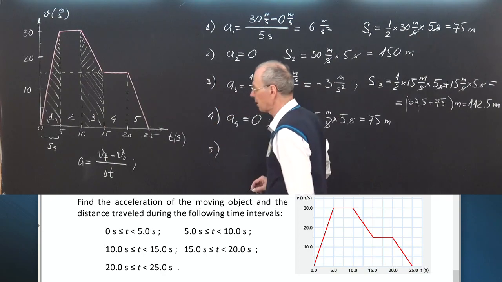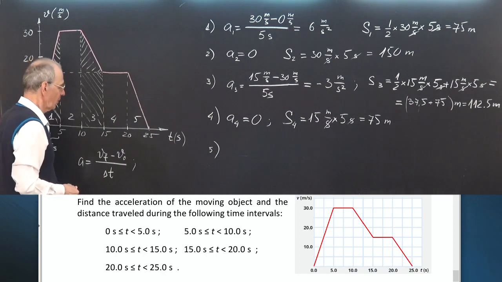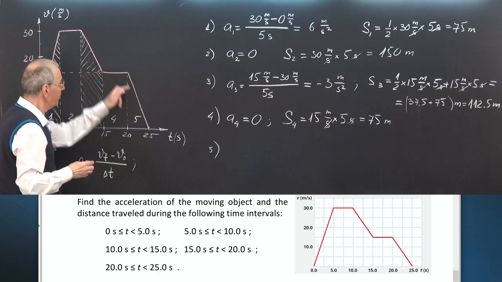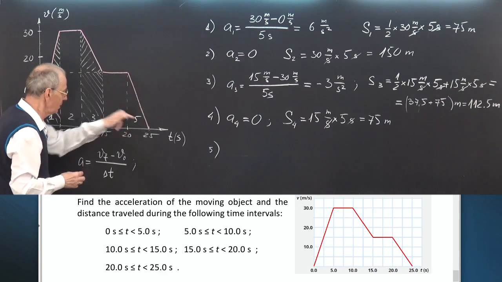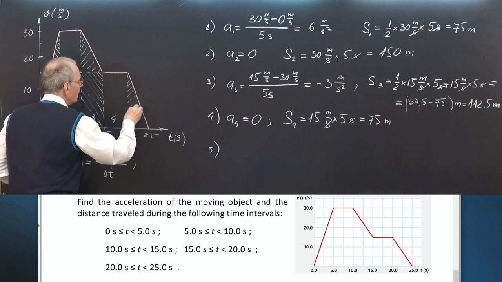And the last, the fifth segment, uniformly accelerated motion. We have deceleration because speed decreases.